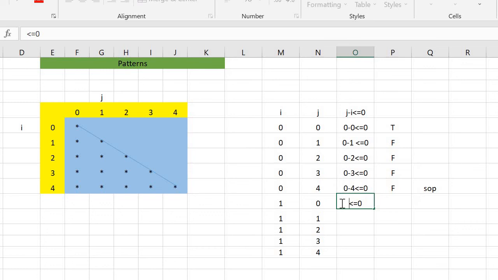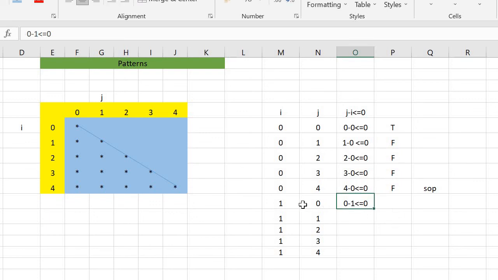We have to print j minus i. So it should be 0 minus 1, and above as well, it should be 1 minus 0. So 1 minus 0 is 1. That is correct. 2 minus 0 is 2. 3 minus 0 is 3. 4 minus 0 is 4. Again, the conditions have been false.